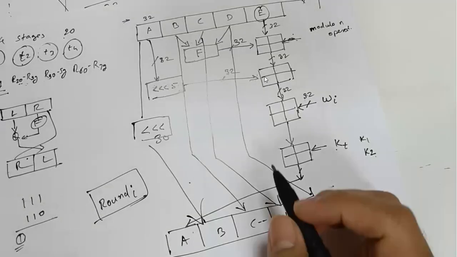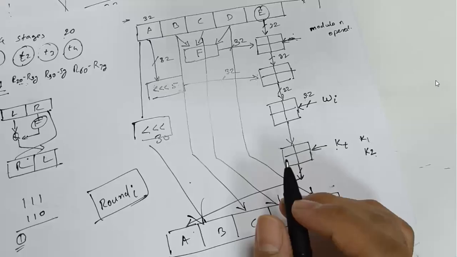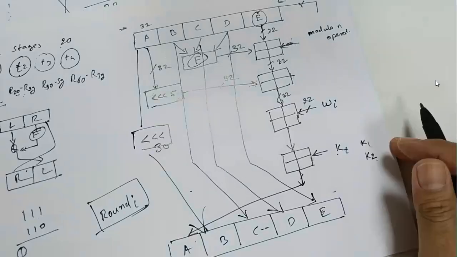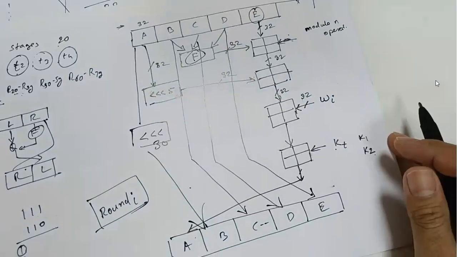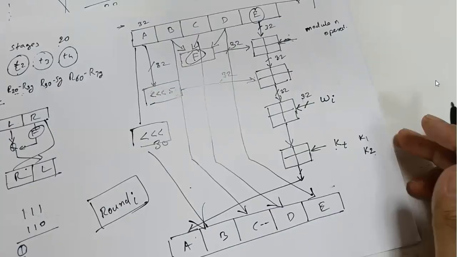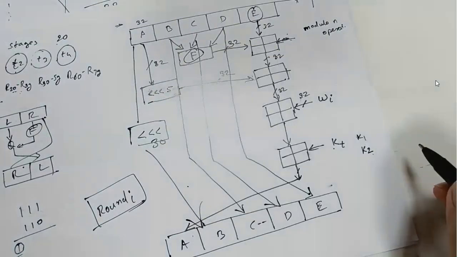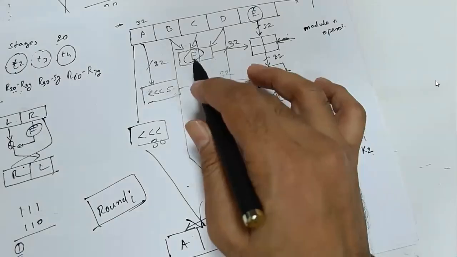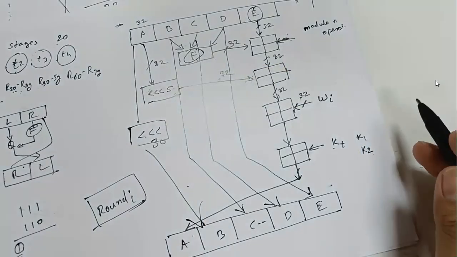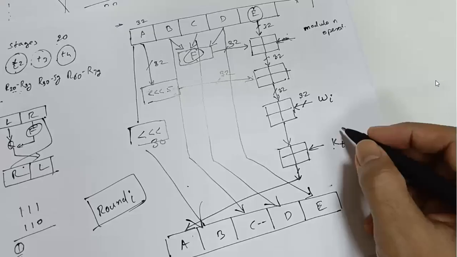So now what is not known here is what is happening in the Feistel function. Actually, I was expecting the question here: what is happening at this block, and how these are prepared.